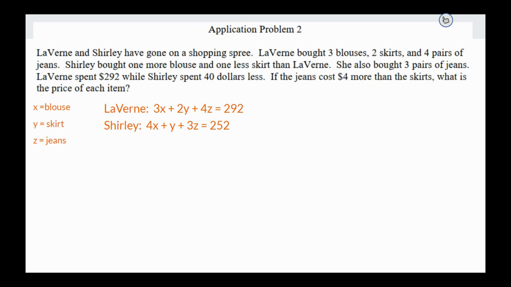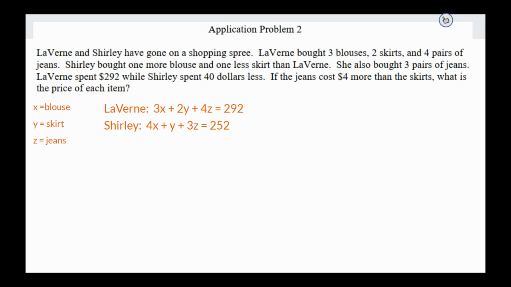There's only 2 though. Okay, that's only 2 equations. There's only 2 people, Laverne and Shirley. What else do they give us? Like cost of jeans. Yep, jeans cost $4 more than skirts. So jeans, z, is $4 more than the skirt.